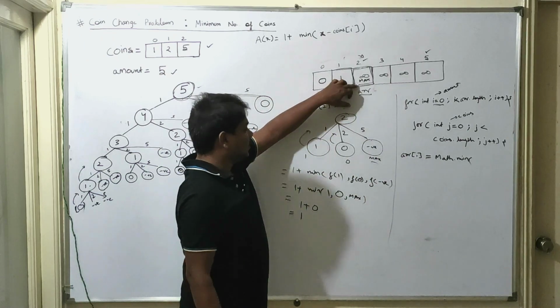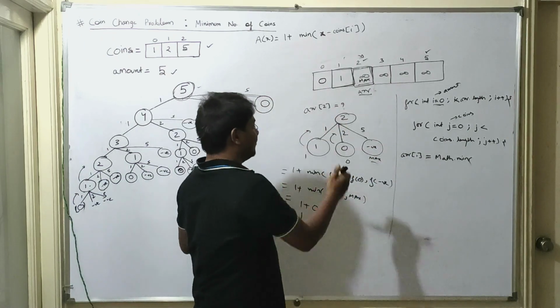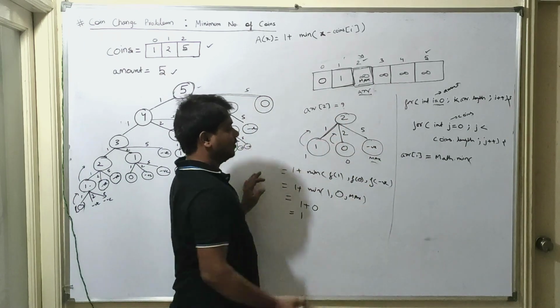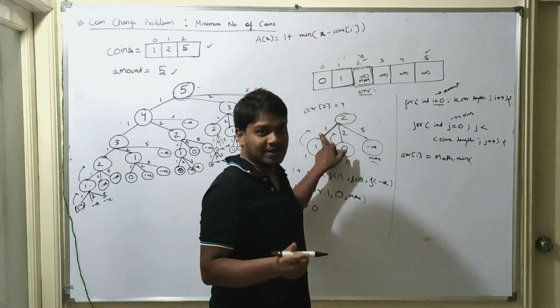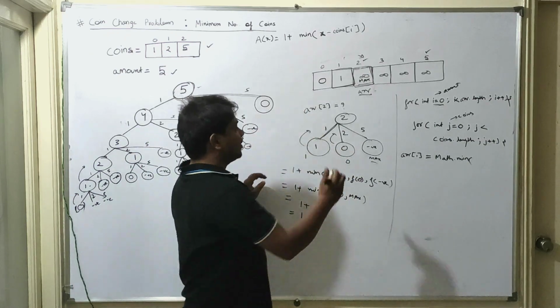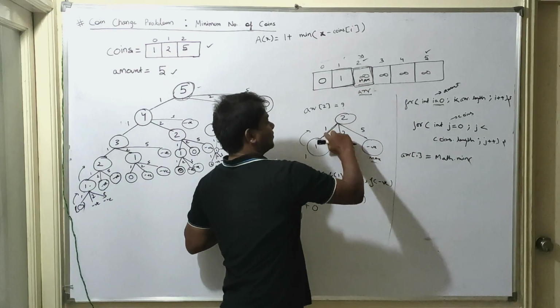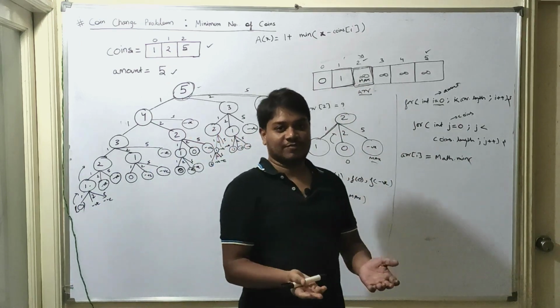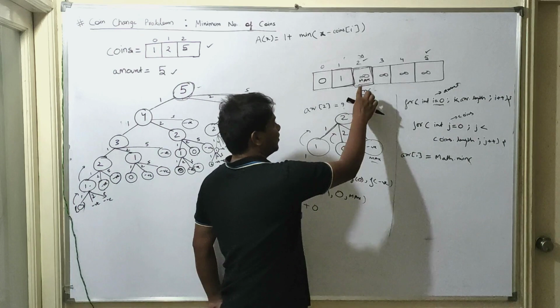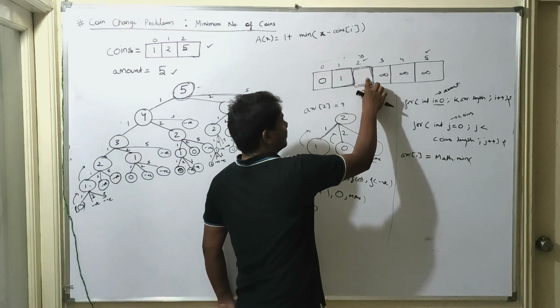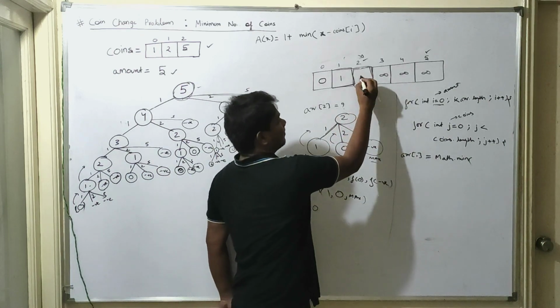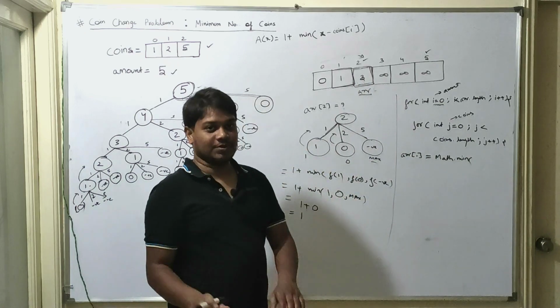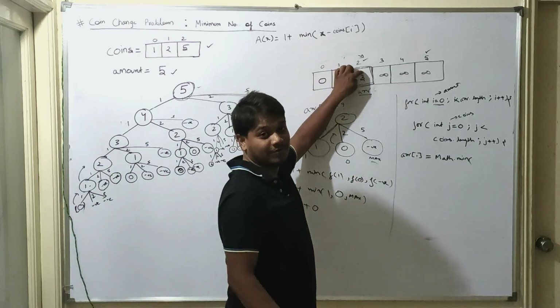Then we will first try this particular coin, the 1 rupee coin. We'll try it once and we'll compare this one with this maximum. So whatever minimum value we get in that case, we'll put it over here. So had it been 3, we would have put 3 over here.